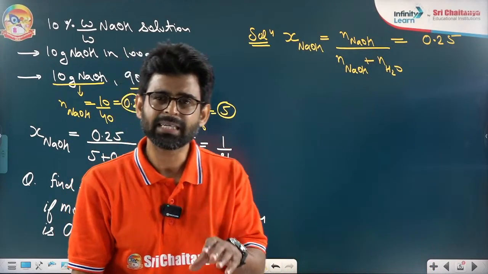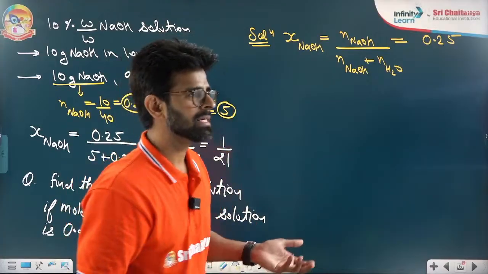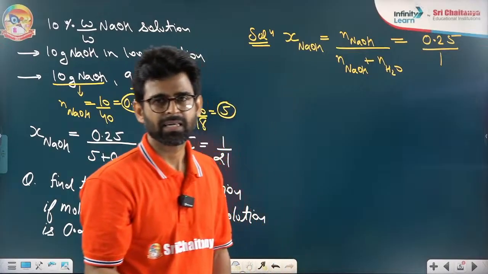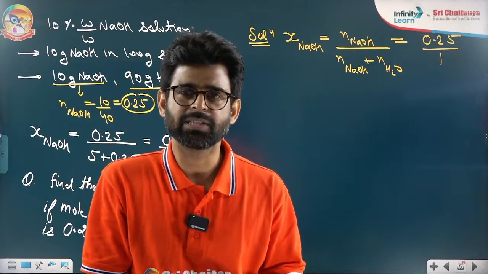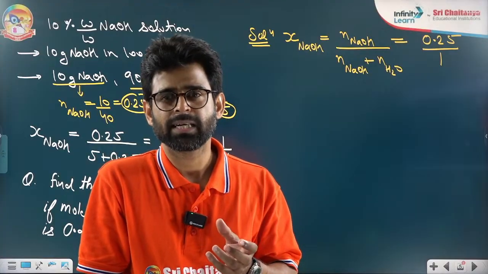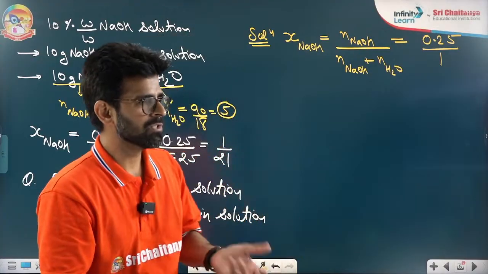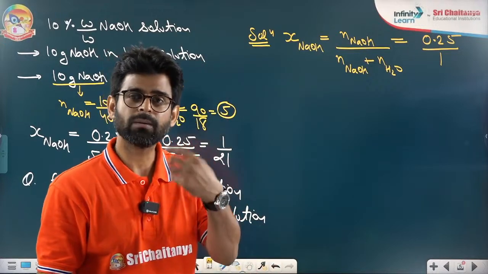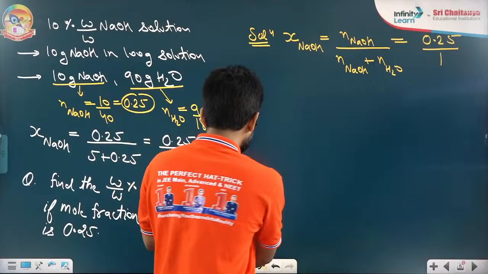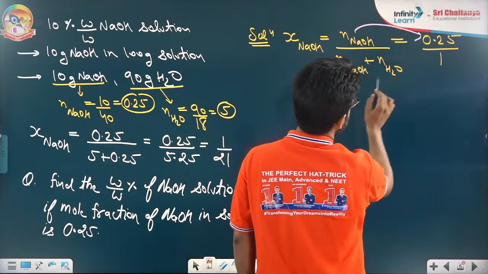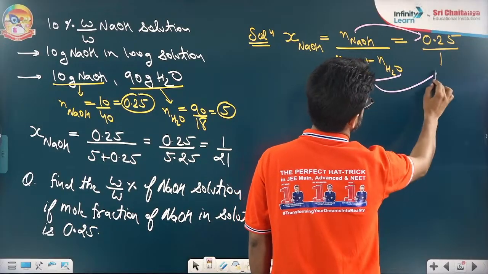I can write it as 0.25, or I can write 0.25 by 1. Same thing. If I divide by 1, nothing will change. So if they gave me mole fraction of something, I can assume, if I take total moles 1, then moles of NaOH is 0.25 and total moles is 1.